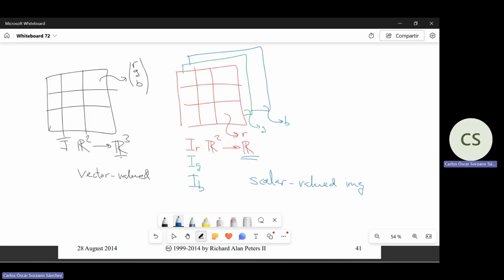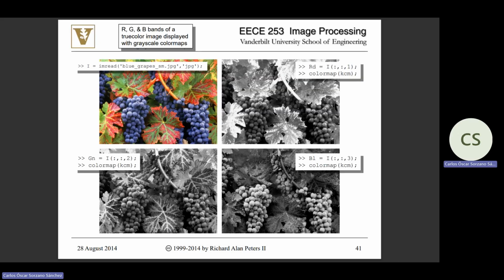Okay, so now I can take the 3 images as scalar images, and I can represent them with a gray color map because each has a single value. Let's see if they make sense. For instance, the grapes are blue, so I would expect much of the intensity to be coming from the blue channel. So you see, this has a large value.